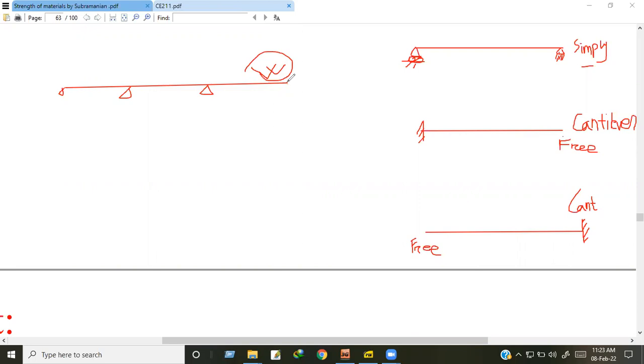But if I do not provide a support here, then it is overhang continuous beam, meaning this portion is hanging. For this portion, we will calculate bending moment from this side, only for this. Because this portion is free, like a cantilever. This is free.